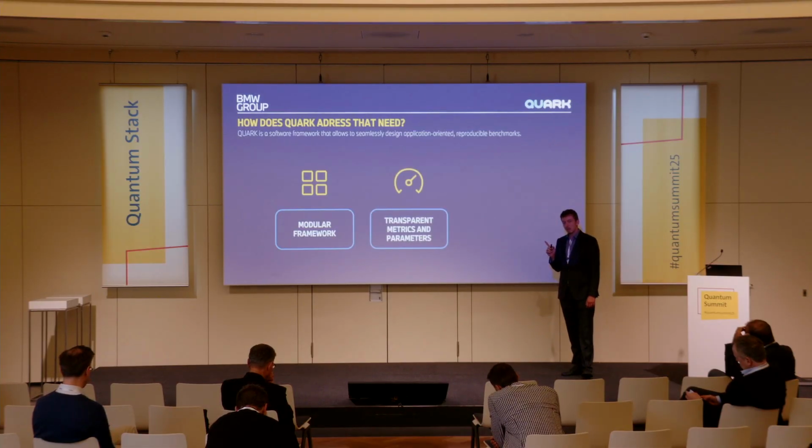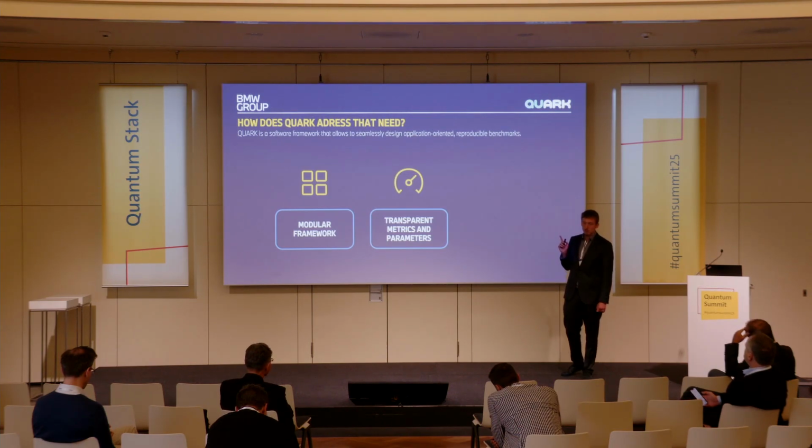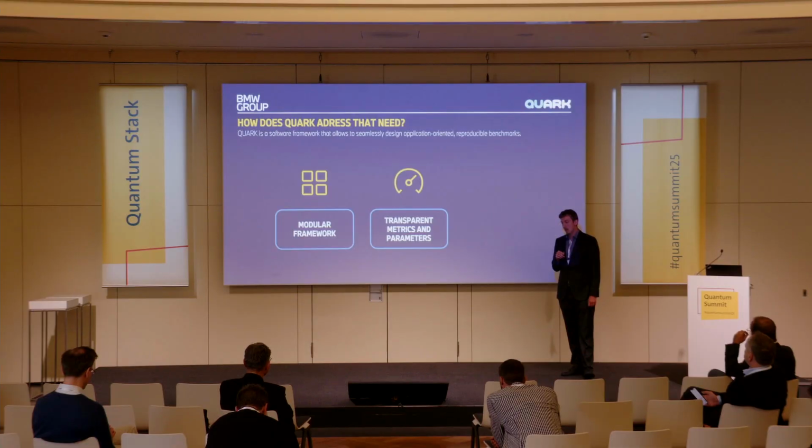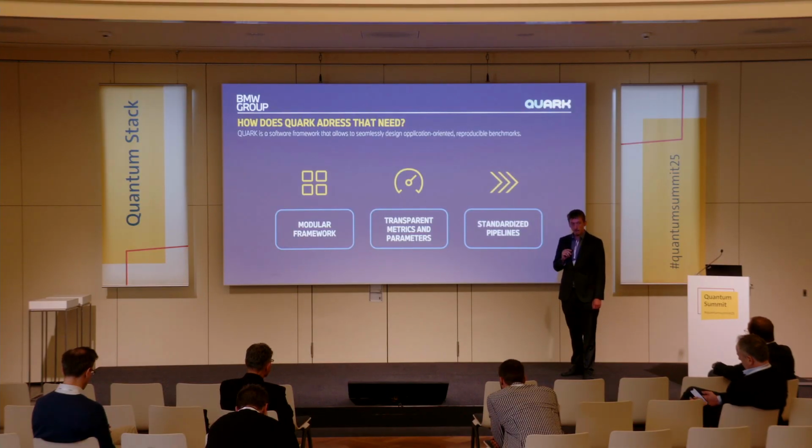But these pipelines need to be transparent, and the metrics and parameters that they use will be public to everyone because QUARK is an open source project. This is done by using standardized data types between these modules so that the pipelines you come up with at the end can be reproduced by everyone who tries it themselves.